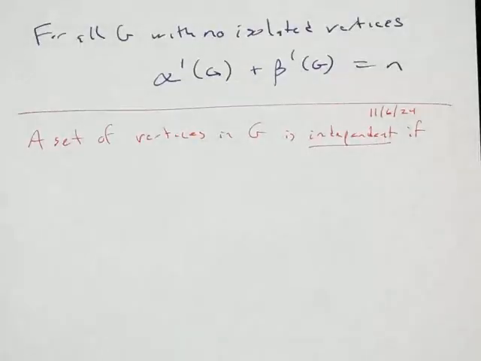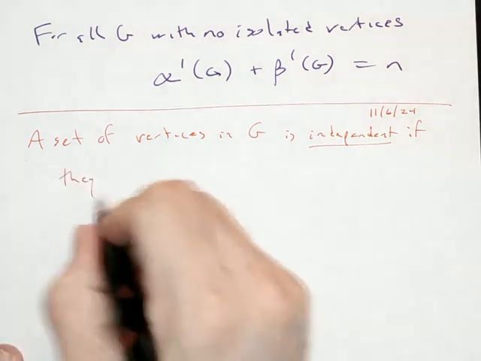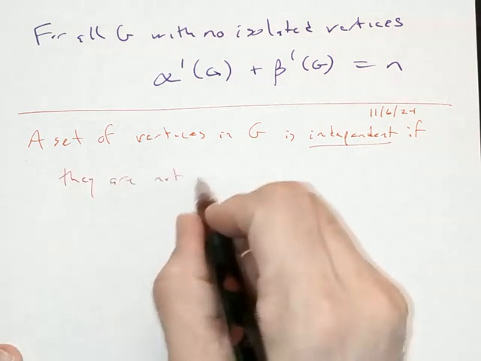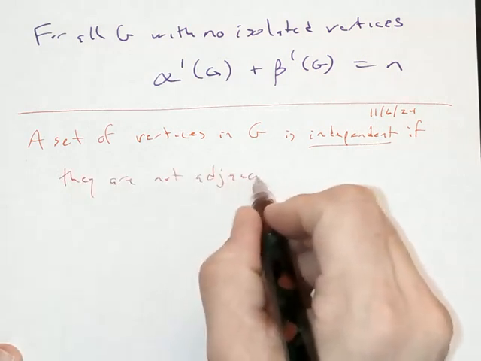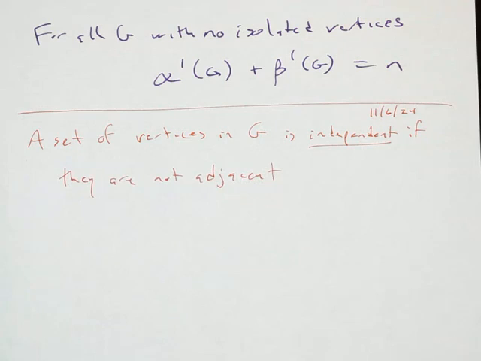So, two vertices are independent if they're not adjacent. We could say they're pairwise non-adjacent.